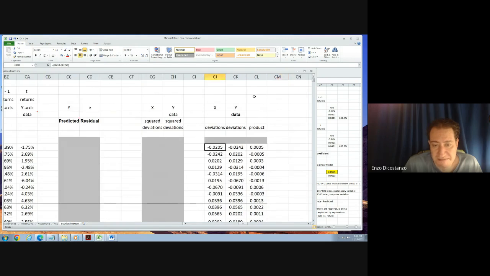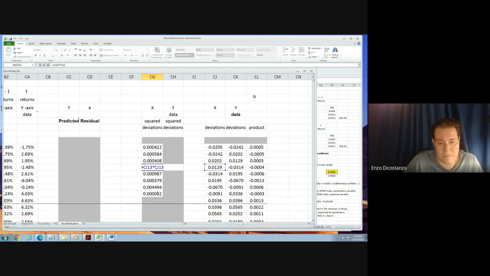That'll be next. And I guess you could do this in a couple different ways. I forget if there's a squared function, but you could just do it the old school way. Like that. Okay, that's your deviations there. And that's your Y deviations.